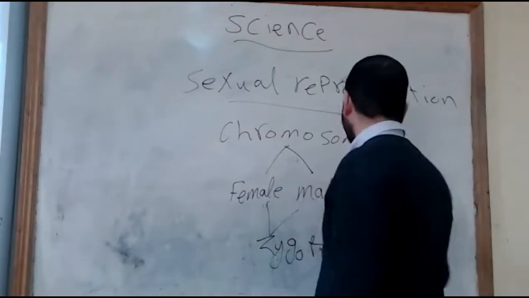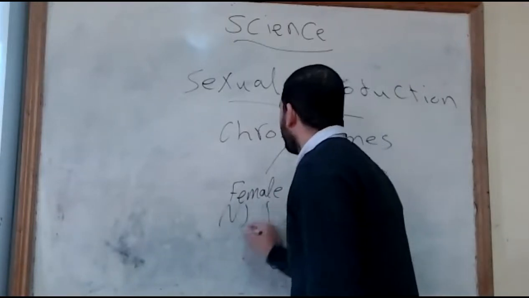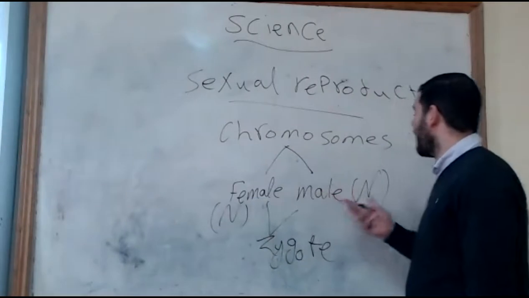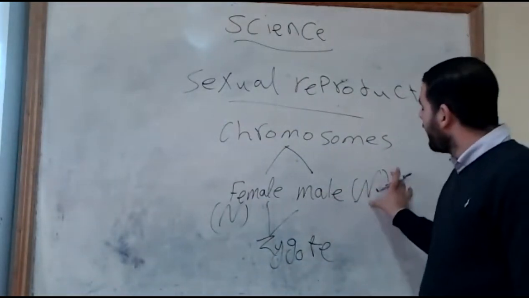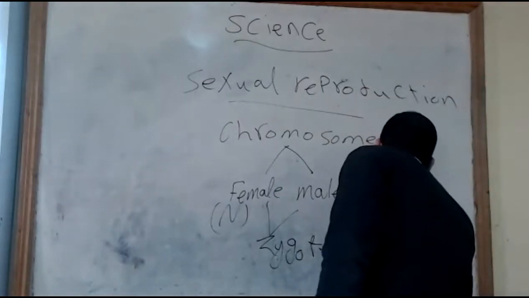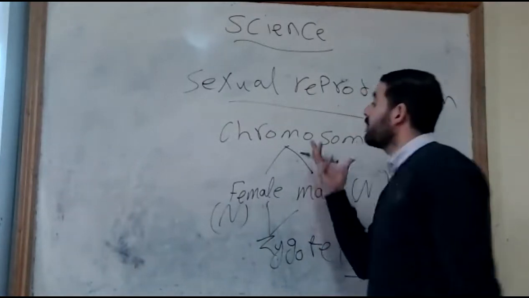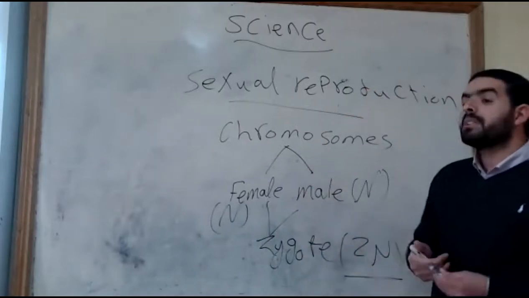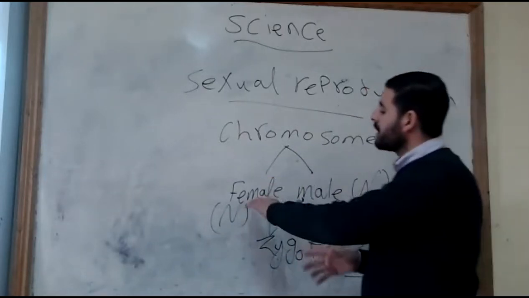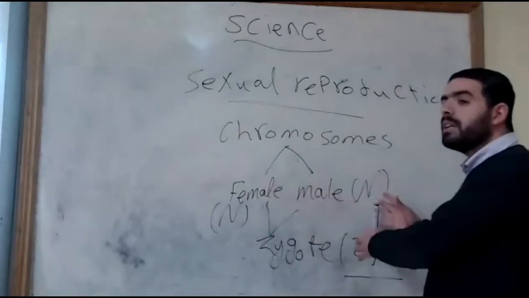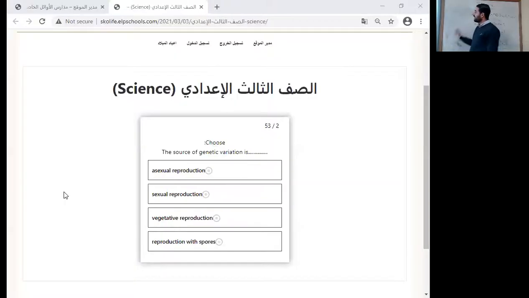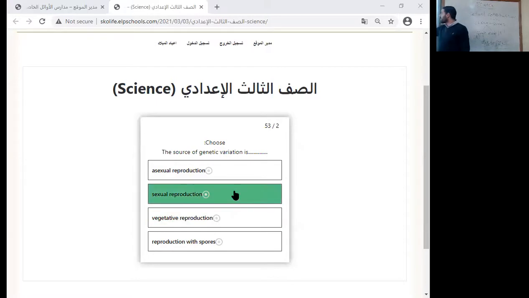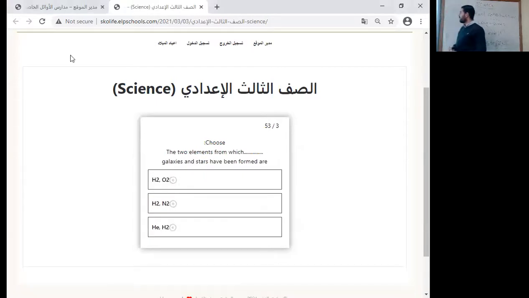So the female or the mother participates with n chromosomes, and the male or the father participates with n chromosomes to form the zygote with 2n chromosomes. So the total number of chromosomes will be different from each other because it comes from the female mother and male father. So the genetic variation occurs in case of sexual reproduction. The answer is number 2, and due to occurrence of the crossing over phenomenon.